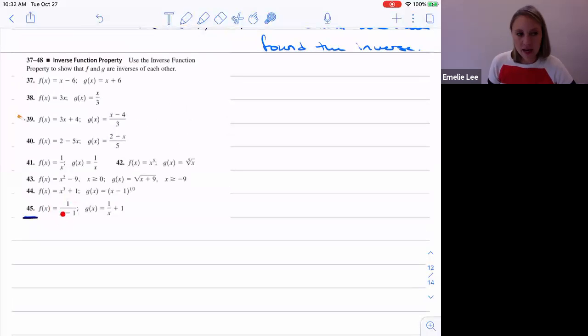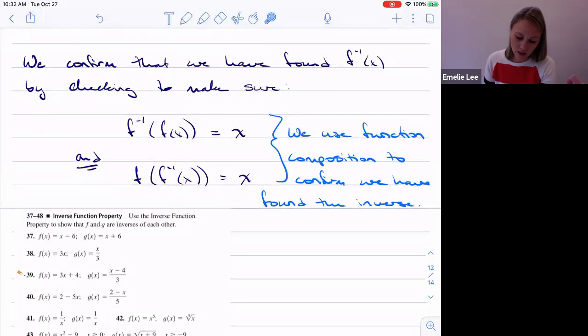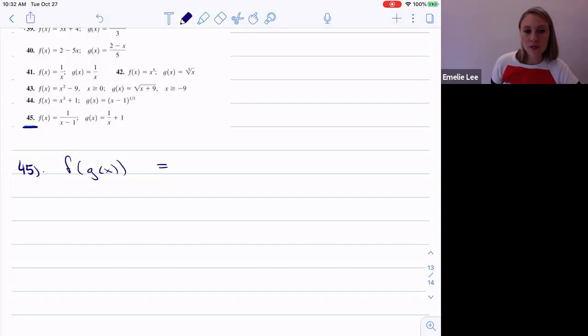So if f of x is our original function and g of x, we're treating it as the inverse, or vice versa, right? G of x is the original and f of x is the inverse of g of x. Either way, we have to confirm using these properties, right? And so 45, what I need to show is that f of g of x, and I'm just going to go ahead and do it, and then I'm checking to see if I get x to fall out.